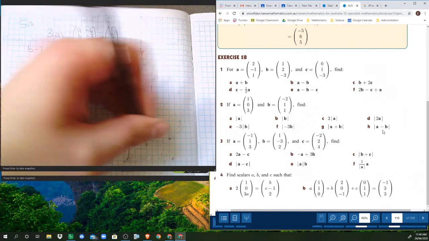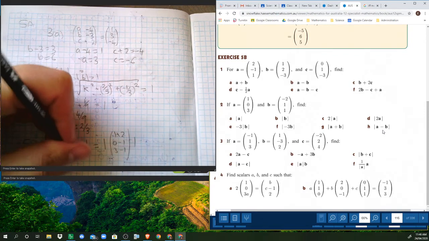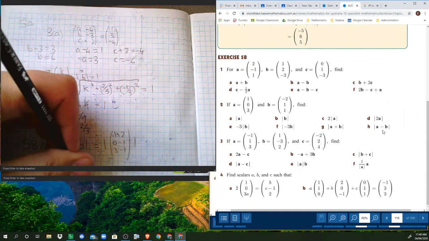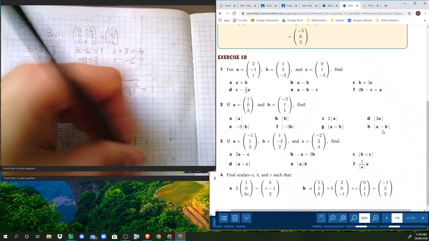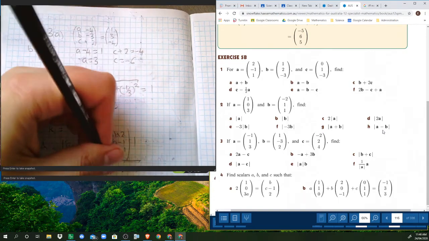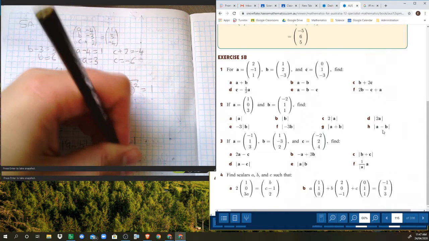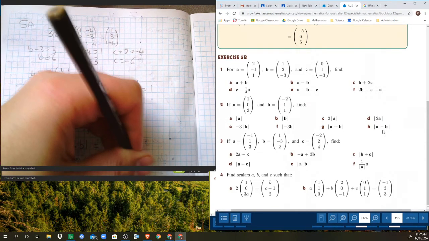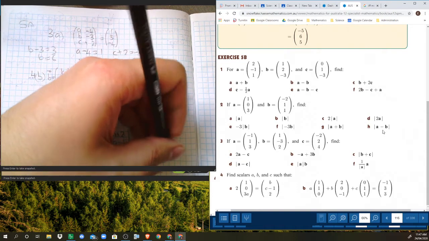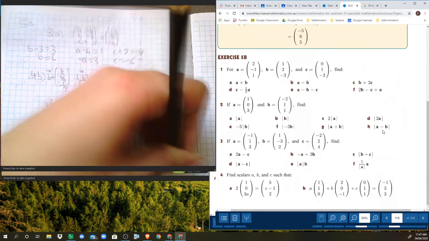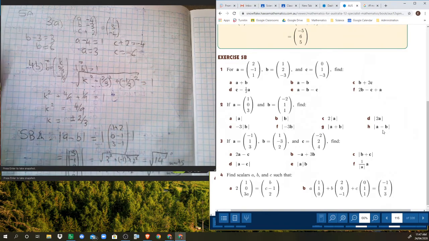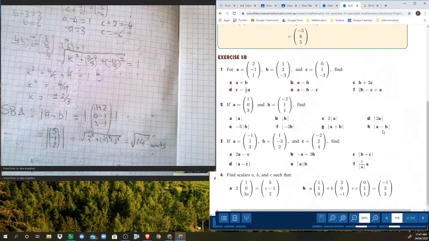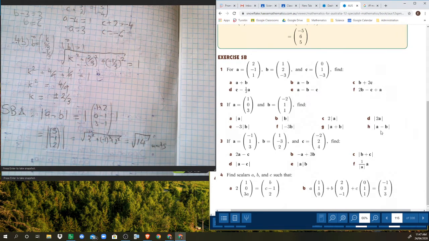To simplify that, 3, minus 1, 2. Square root of 3 squared plus negative 1 squared plus 2 squared, 9 plus 1 plus 4, that's square root 14 units. You get in the habit of just writing units in place of any context in terms of the length.